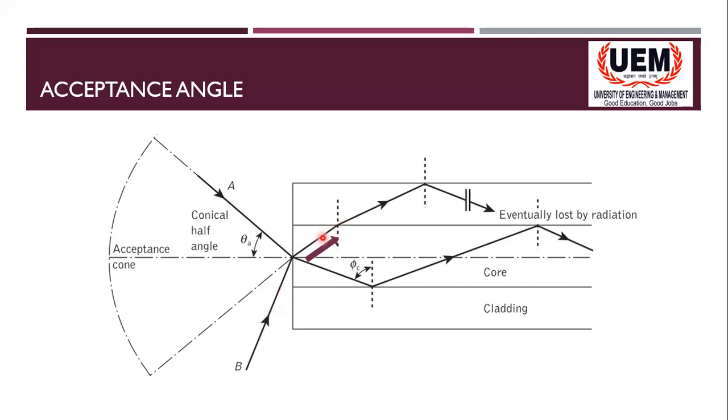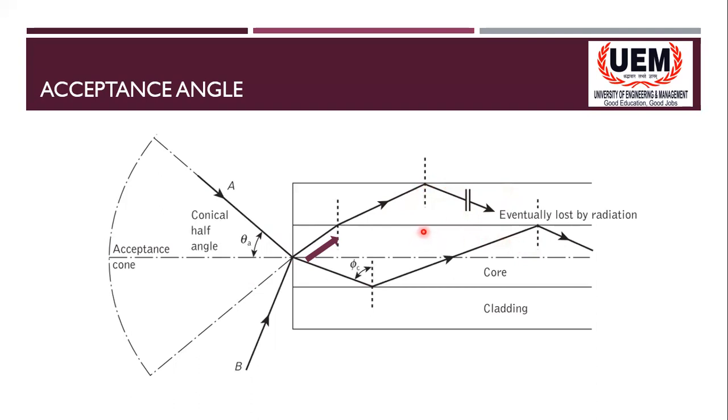So the light ray eventually leaks into the cladding region, and since the cladding is also made of glass, it is eventually lost in the cladding and does not come back into the core.